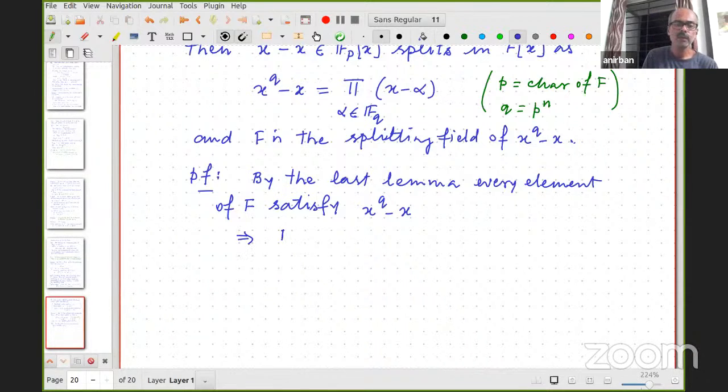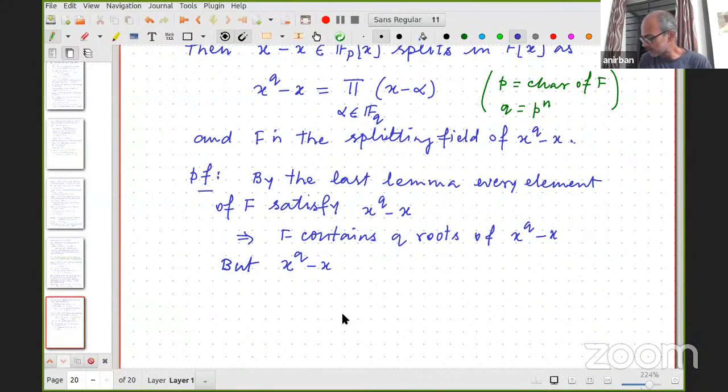That would mean F contains q roots, because there are q elements, but x to the q minus x has at most q roots in F. So that amounts to saying that F contains all the roots.